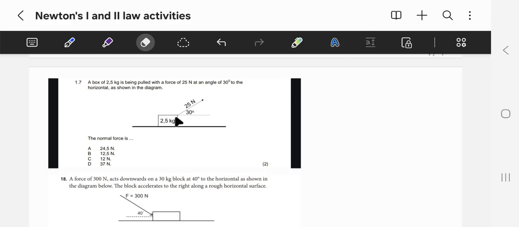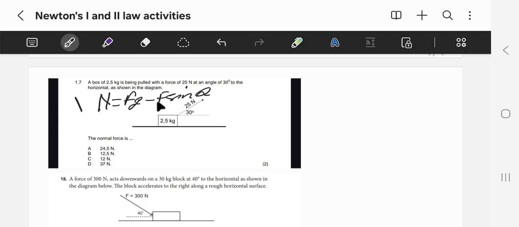If we have our object being pulled at an angle like that, that means the normal force will be equal to N is equal to Fg minus F sine theta.